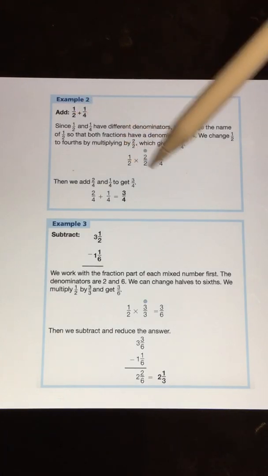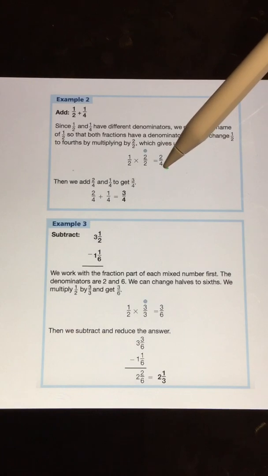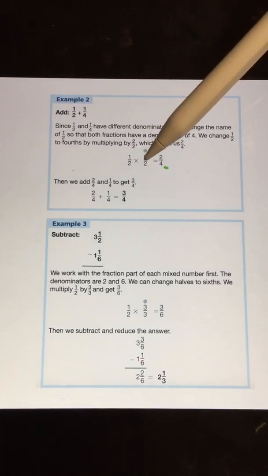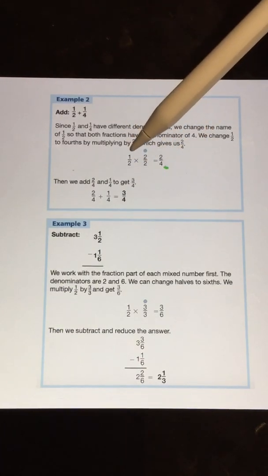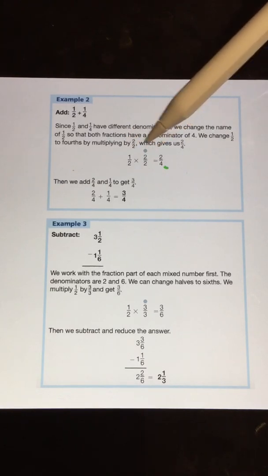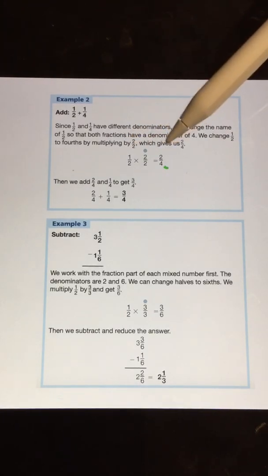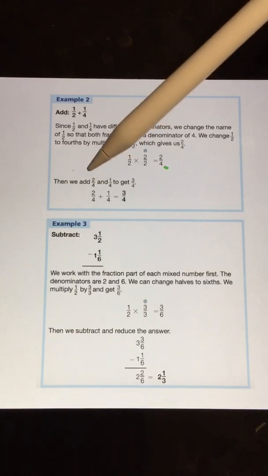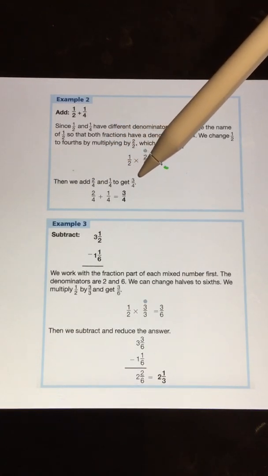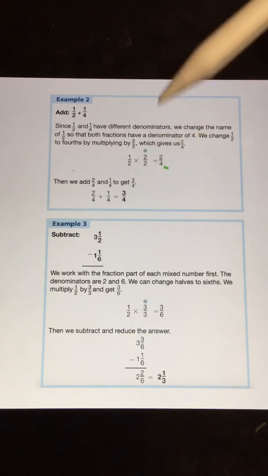So I'm going to put my 4, just like they have it here, and I'm going to think, okay, what goes into 4? 2 times 2 is 4. Then I have to multiply the top number, the numerator, by 2 also. So 1 times 2 is 2. So when I go to add, it's much simpler to add 2/4 plus 1/4, and you get 3/4, correct?